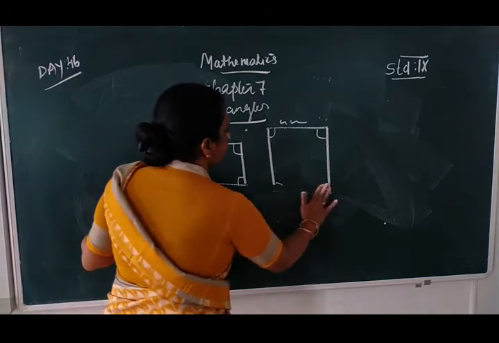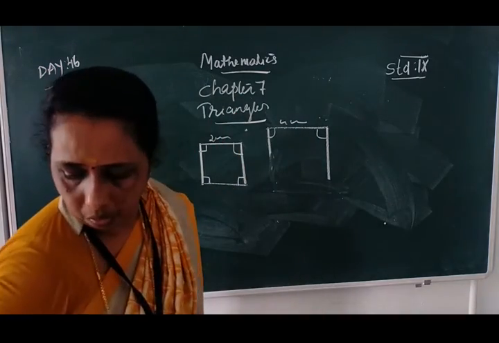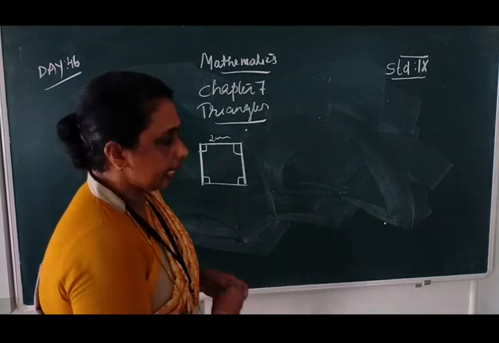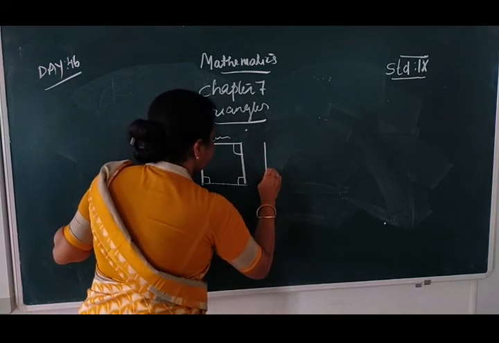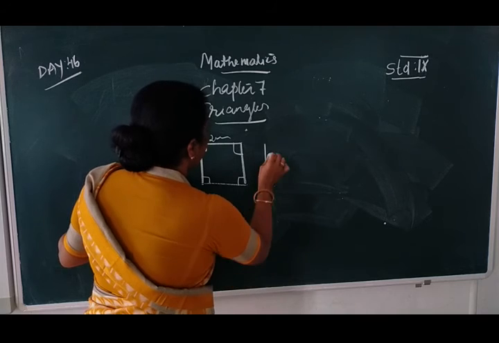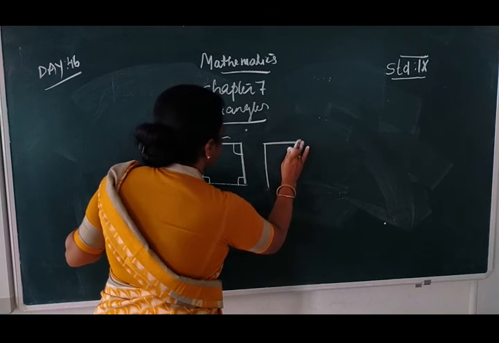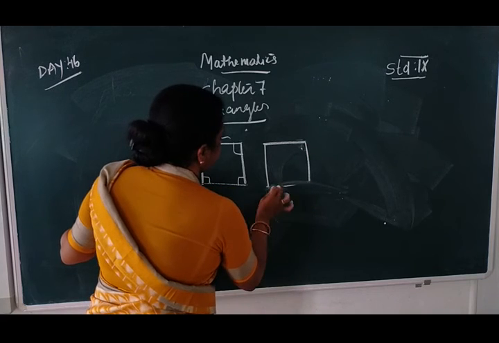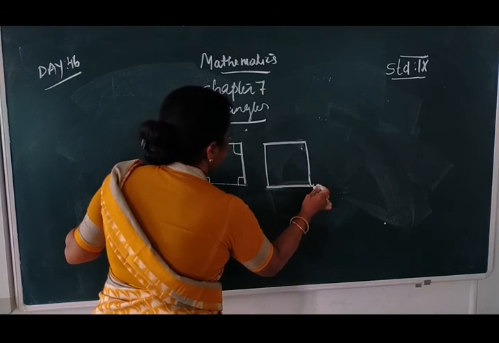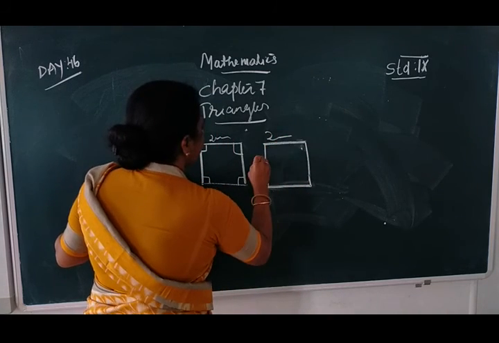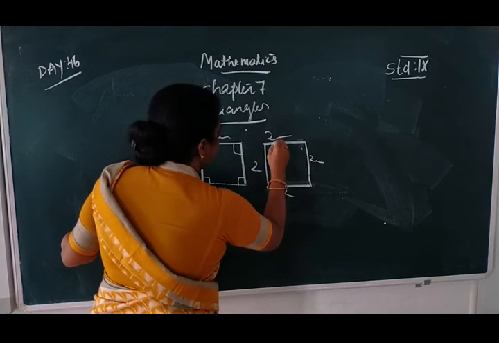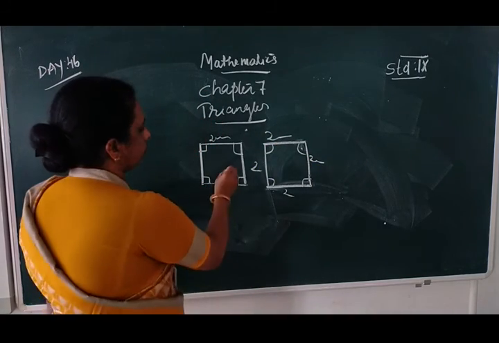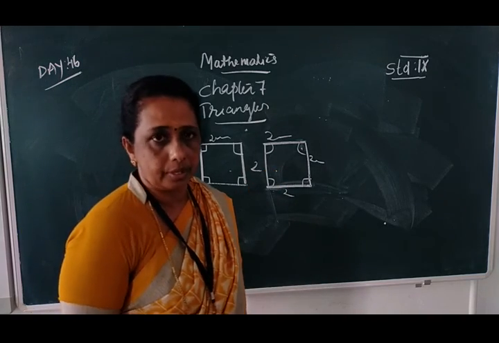If two squares have the same side length, 2 centimeter here and 2 centimeter here, and automatically all angles are 90, then we say that these two squares are congruent squares.